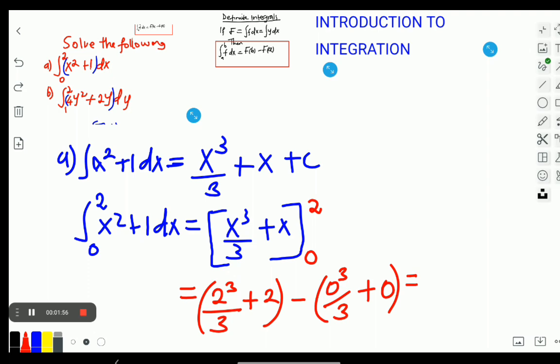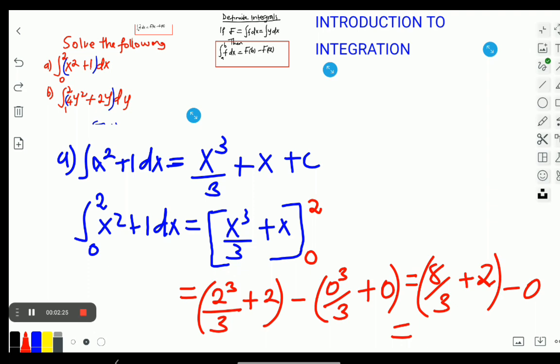It will be 8 over 3, plus 2, and then minus 0.